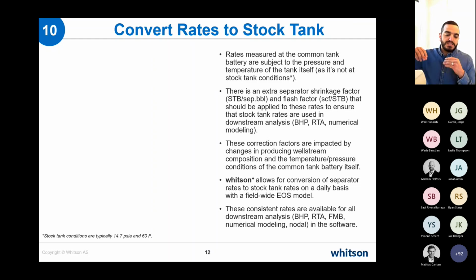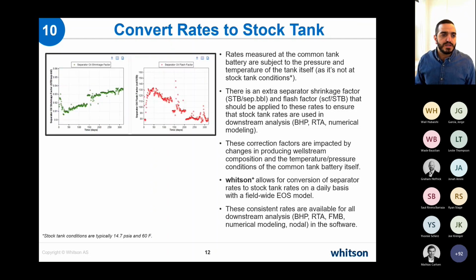We're not measuring the rates for each well individually, or even for a set of wells, at sales conditions, at stock tank conditions, which generally would be 1 atmosphere and 60 Fahrenheit. In general, we would measure those at a higher pressure, which is the separator pressure that you'd have in your common tank battery. And when you do that, the rates that you get there are not really your final sales rate. And in Whitson Plus, you can do 2 things with those rates.